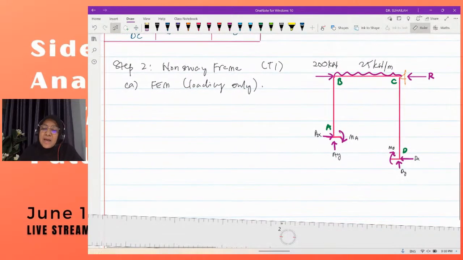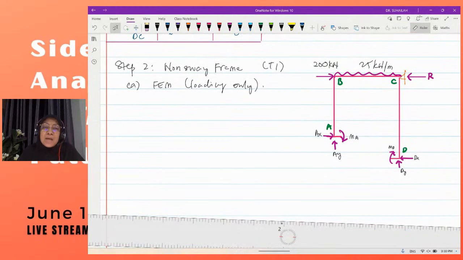Looking at this, we have to calculate the fixed end moment for member BC. So we will have FEM for member BC, which is equal to negative WL squared over 12.